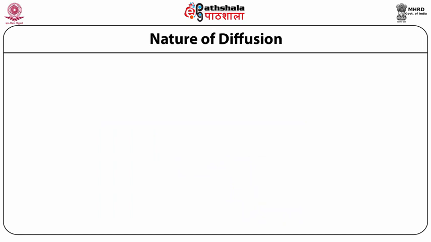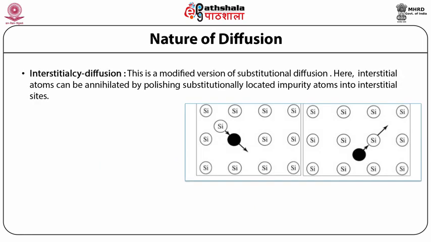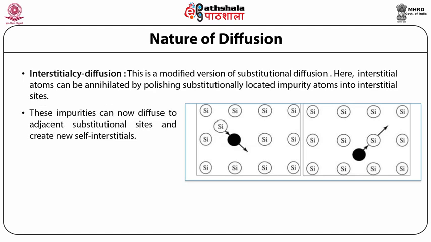Let us now discuss another type of diffusion, that is interstitialcy diffusion. This is a modified version of substitutional diffusion. Here interstitial atoms can be annihilated by pushing substitutionally located impurity atoms into interstitial sites. These impurities can now diffuse to adjacent substitutional sites and create new self-interstitials.